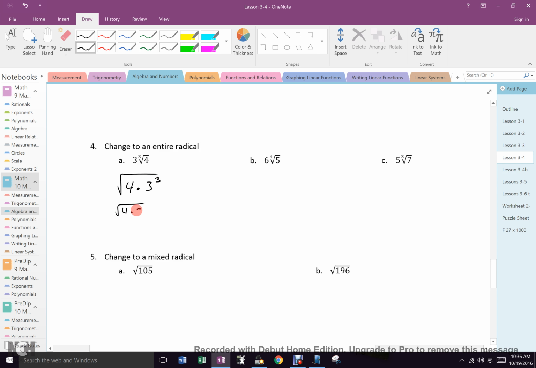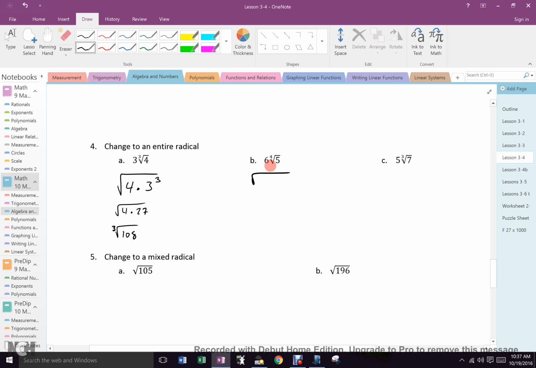Which is 4 times 27, which is 108. Good? It's the exact same as the squaring, isn't it? Except I had to put 3 back under instead of 2. Is everybody okay? I'm going to take silence as being yes, you're okay.